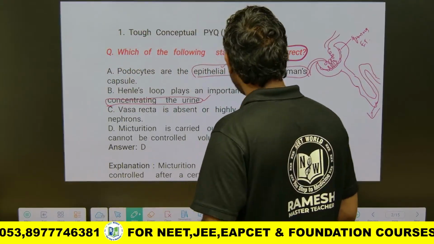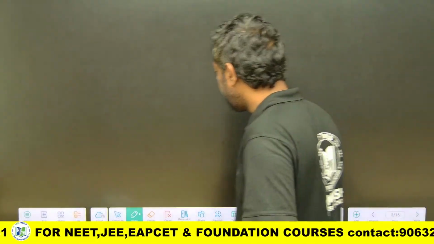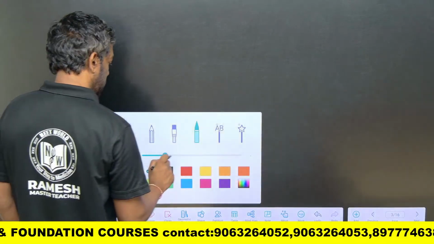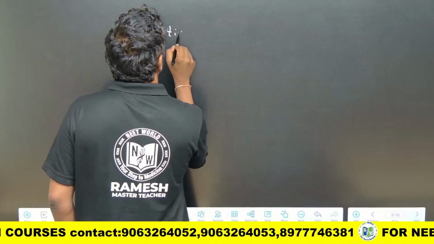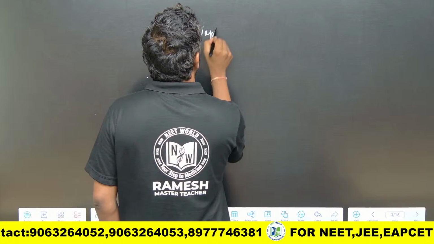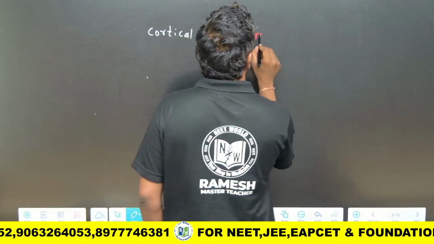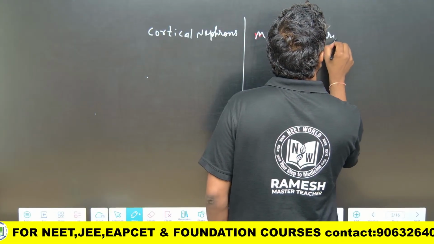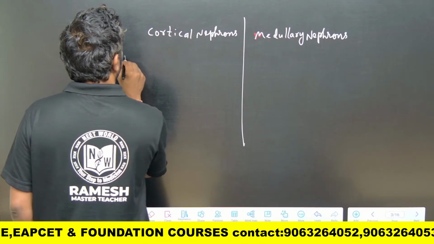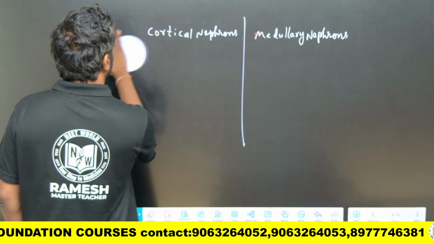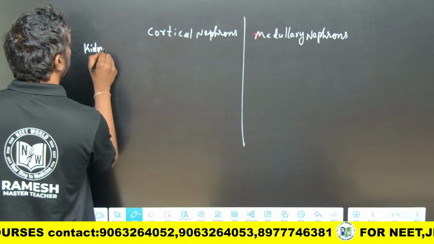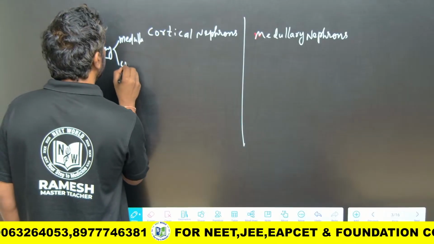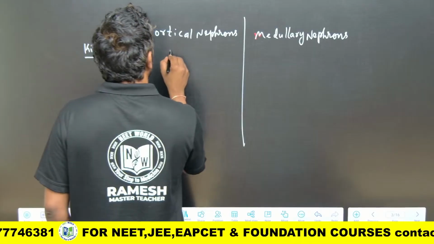The kidney has two regions, medulla and cortex.